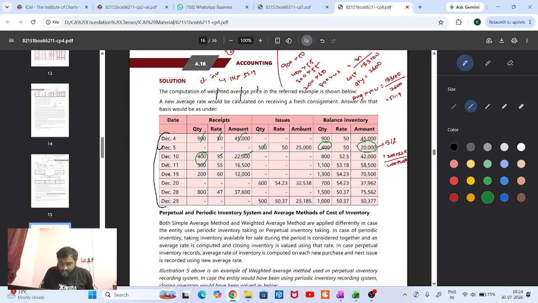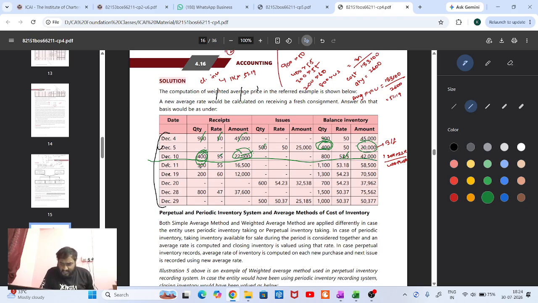The value plus how much did we purchase? This is the amount we have purchased. This plus this, divided by the quantity of 400 and the quantity that we have purchased. This will be the value. 800 into 52.5 is 42,000. Till here we are done, right?